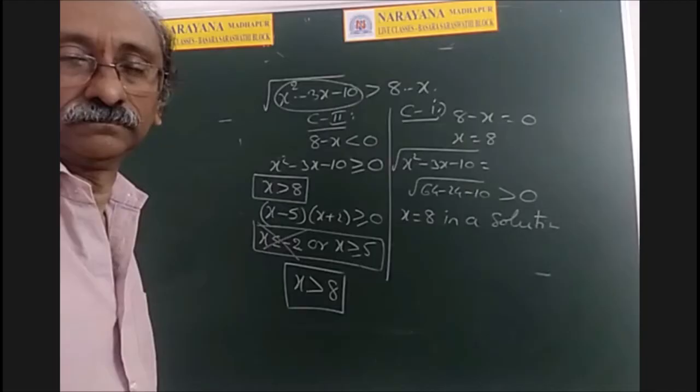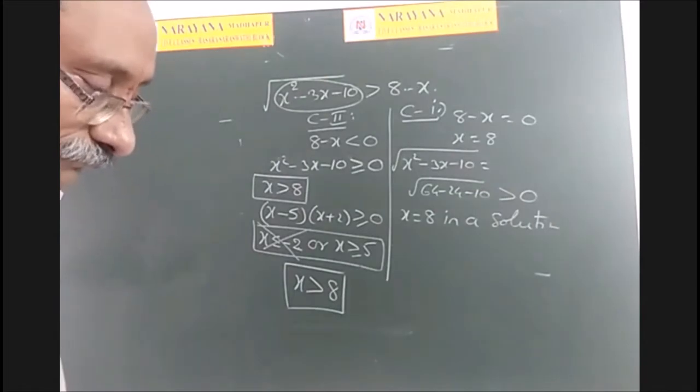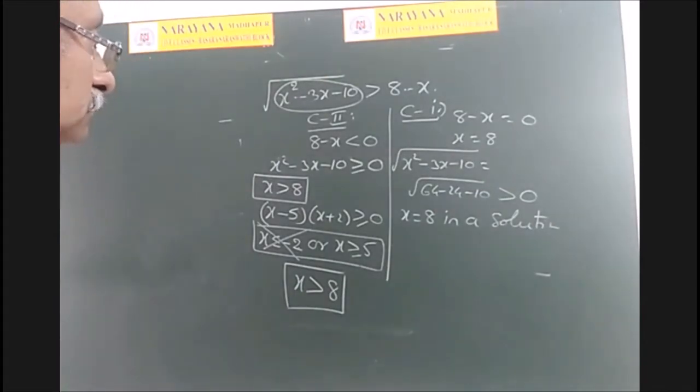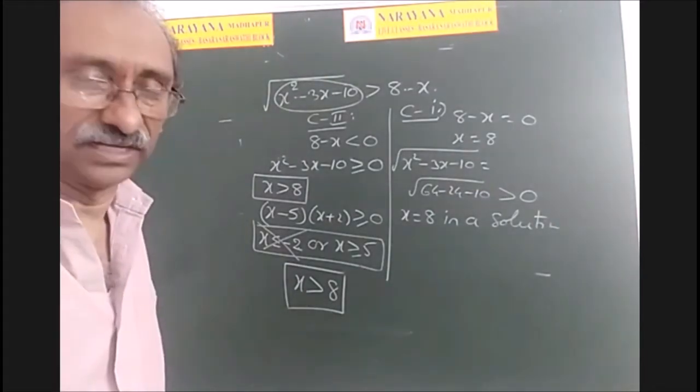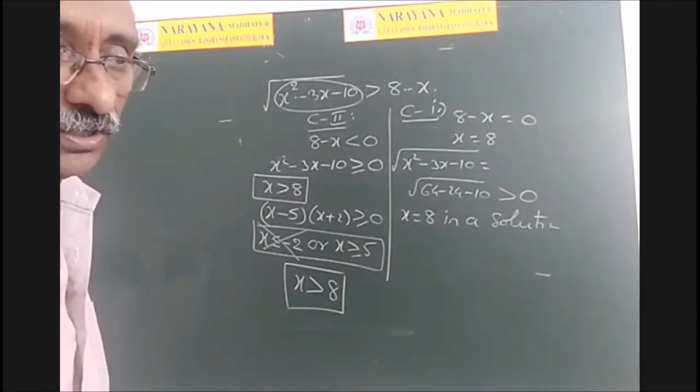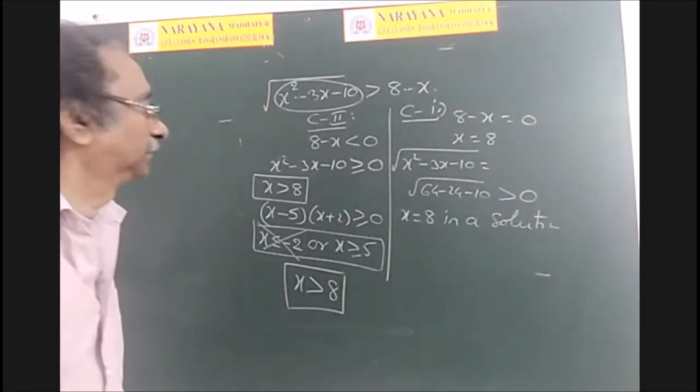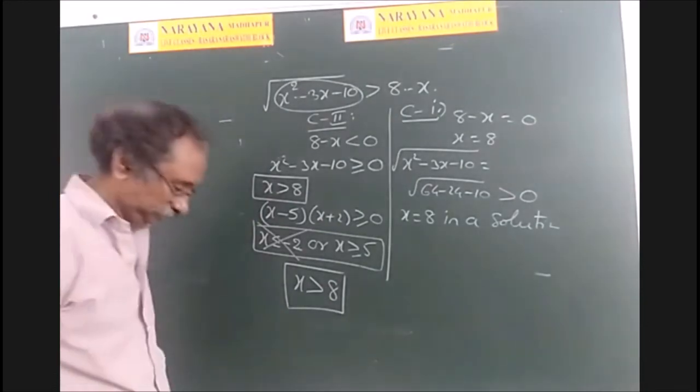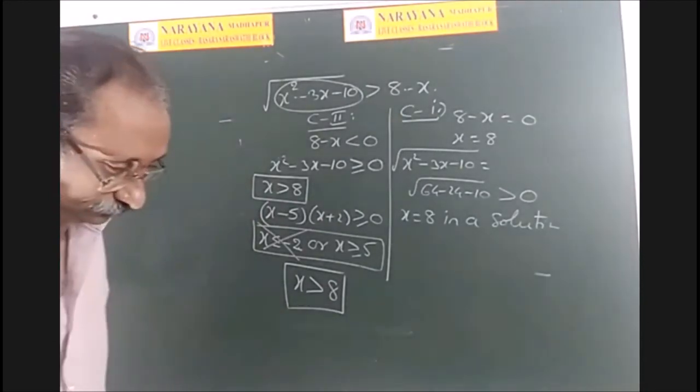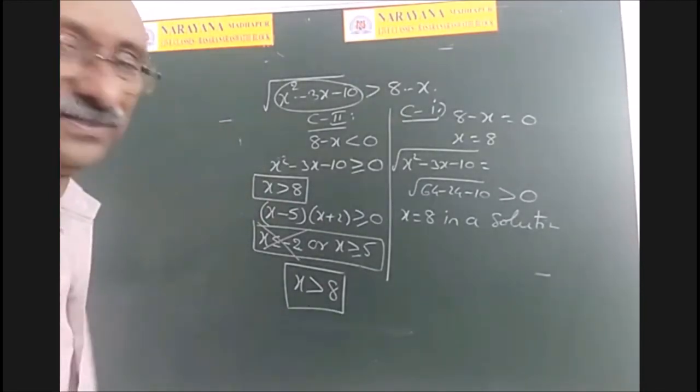Shruti: Sir, why don't we take 8 minus x as positive, sir? Now we take it in the third case, there is another case. Now we have to do it. The problem is not completed. So directly we can take x equal to or greater than 8. Yes, we can take.